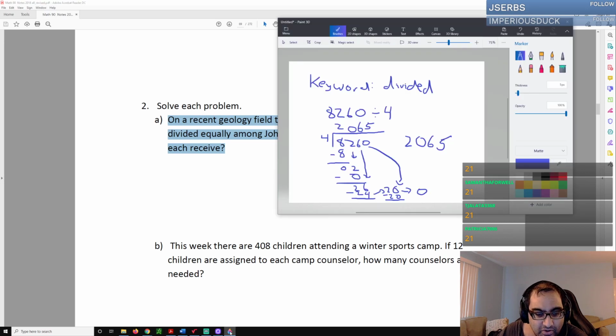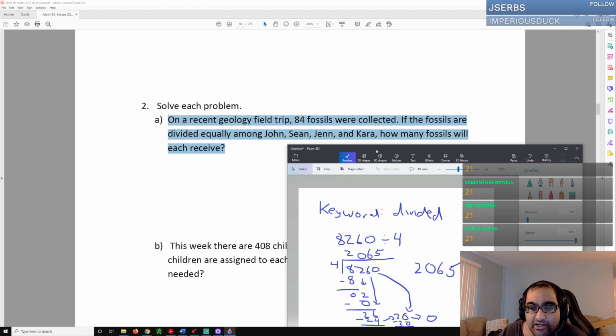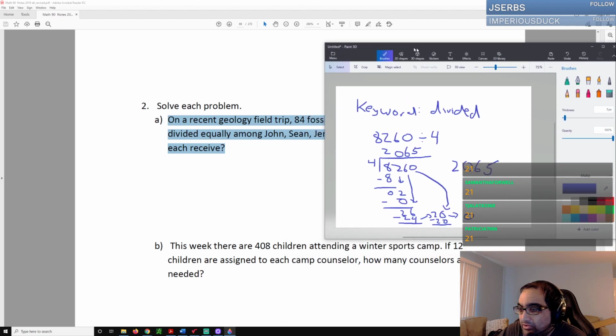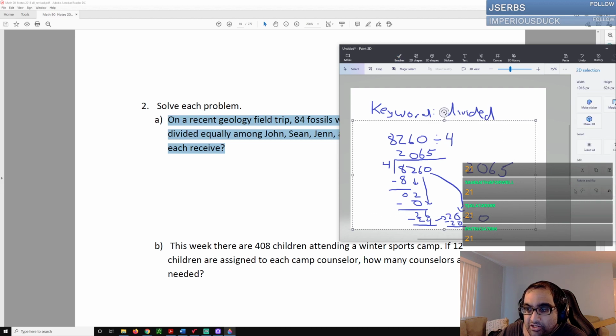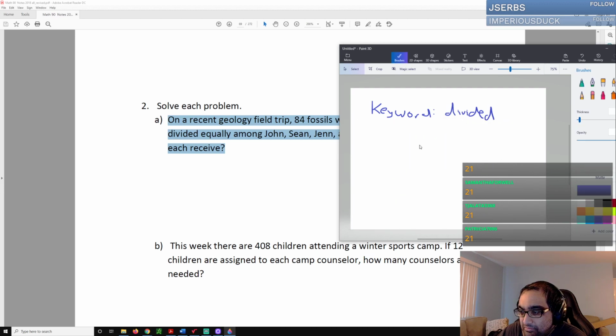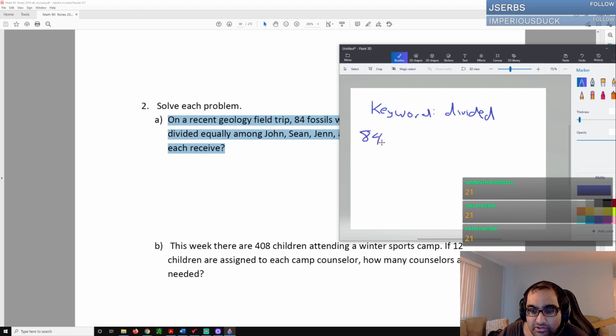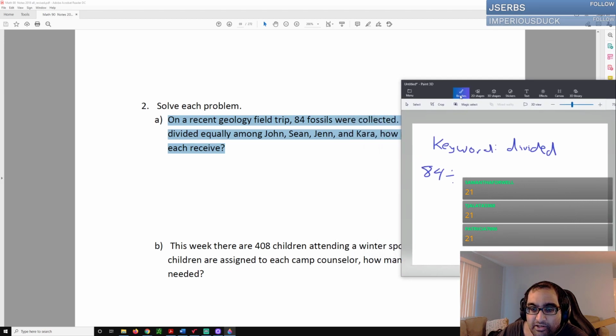So let's go over this problem here. Once again, we are going to divide because they're divided equally. So doing it this way, let's take a look at what we get. Here in this particular instance, we're going to take our 84 fossils. We're going to divide it 4 ways, because we have John, Sean, Jen, and Kara.